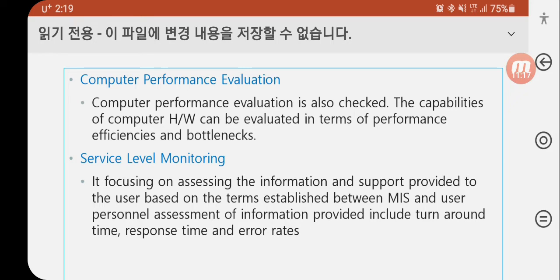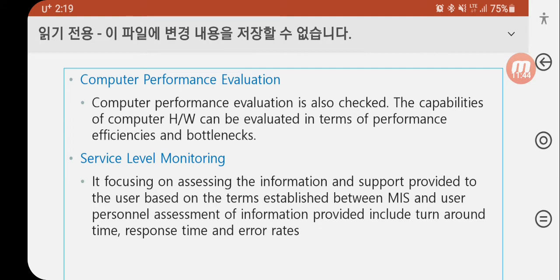Computer performance evaluation is also checked. The capabilities of computer hardware can be evaluated in terms of performance, efficiency, and bottlenecks: actual throughput in a given period of time and the utilization of input and output channels.